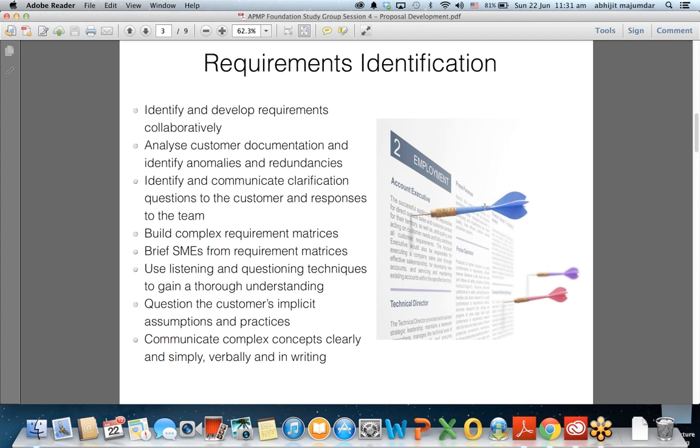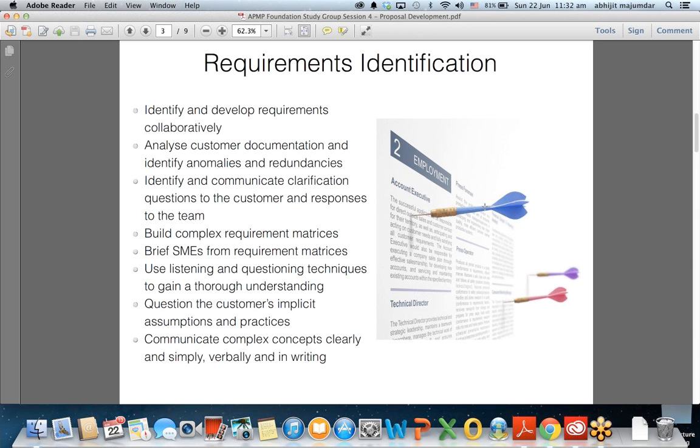There are times when you are reading the RFP, you come across two requirements, and in between you can find out why the customer is asking for that requirement. There is some implicit requirement, that by asking this, actually he means this.